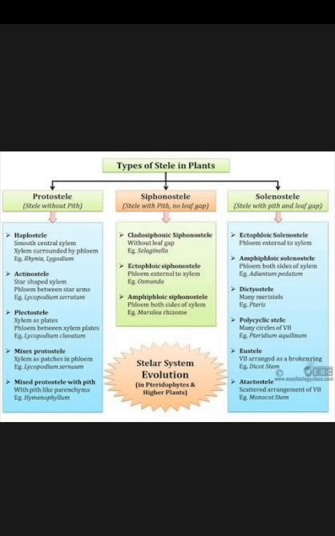Second is actinostele. The shape of this protostele is star shaped, with xylem and phloem between the star arms. Example is Lycopodium serratum. Next one is plectostele, xylem as plates, phloem between the xylem plates. Example is Lycopodium clavatum. Mixed protostele is xylem as patches in the phloem, example Lycopodium cernuum.